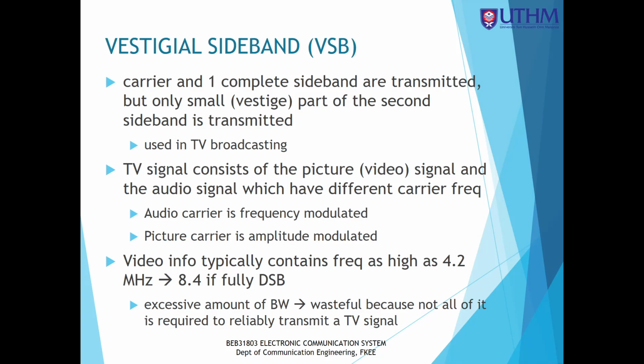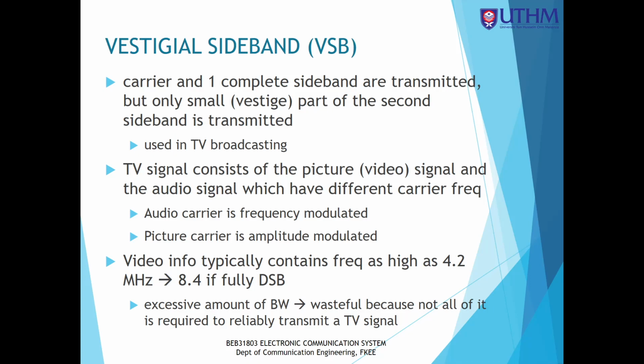This VSB is used in TV broadcasting, which means the signal can carry both audio and video signals together in one signal. So the TV signals consist of the picture, video signal, and also the audio signal.